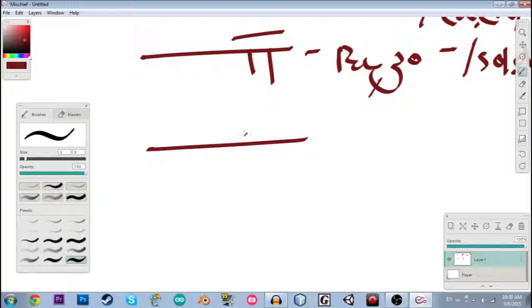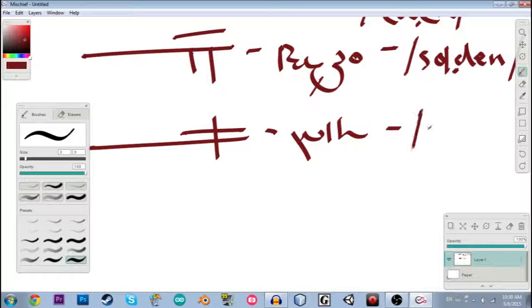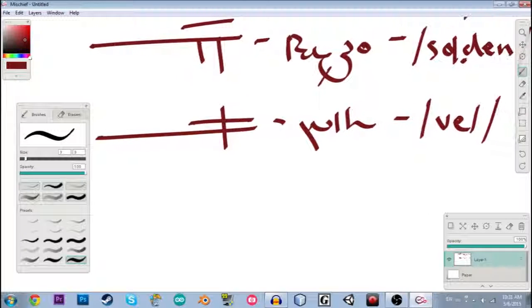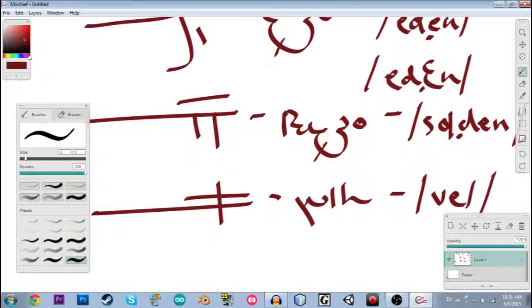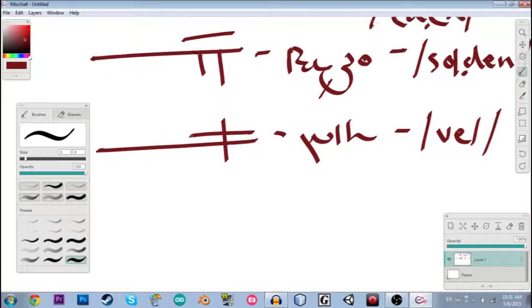Okay, next one. Pride. Again, another emotional one that you wouldn't really want to tack onto the end of your sentence. This would probably make you look like a jerk. Veil. So, pride. And honestly, a lot of these are adjectives or like emotional nouns.